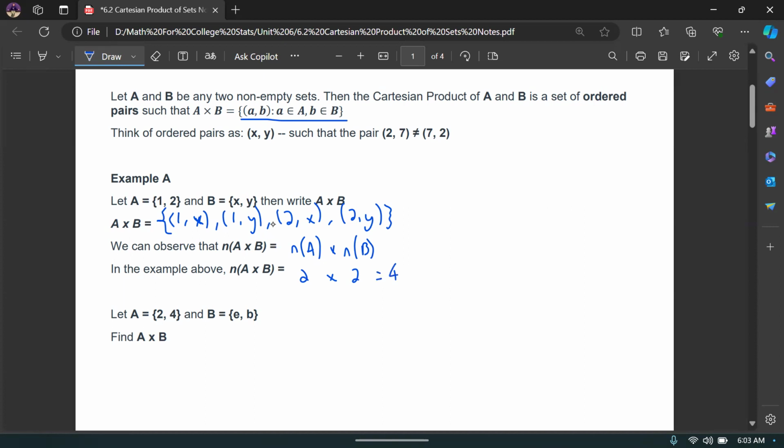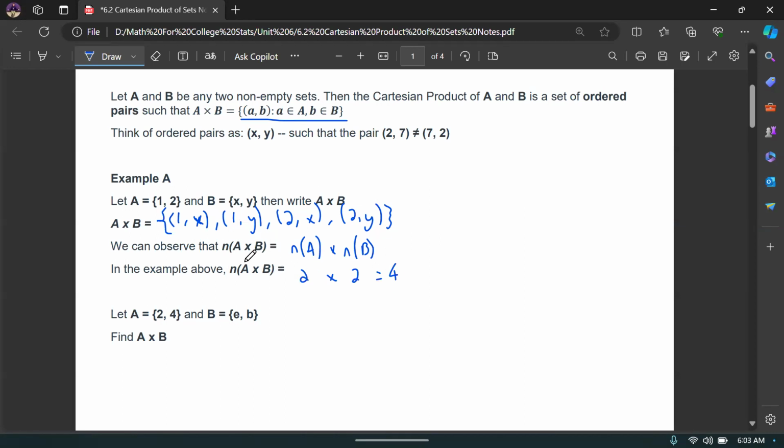That's how big the A times B set is. You're going to notice there are 4 elements in A times B. Now, granted, one ordered pair is a single element. One ordered pair is a single value in this set. So 1, 2, 3, 4, just like this tells us.